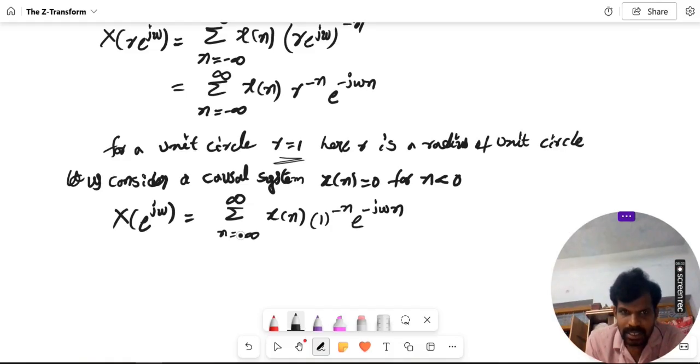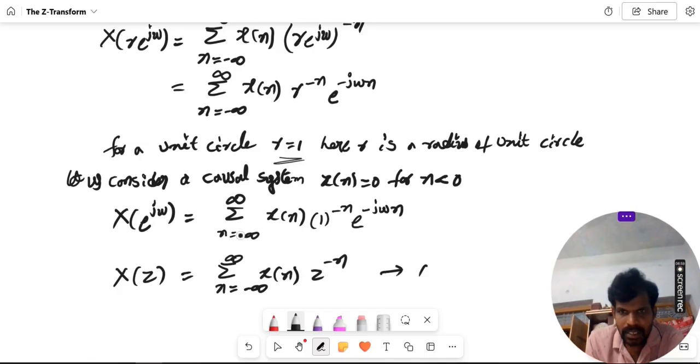Actually it is a two-sided sequence. Again, by substituting z in place of e power j omega, we get the summation from n equals minus infinity to infinity of x of n into z power minus n. It is a two-sided sequence.